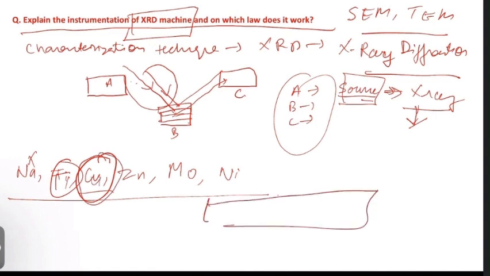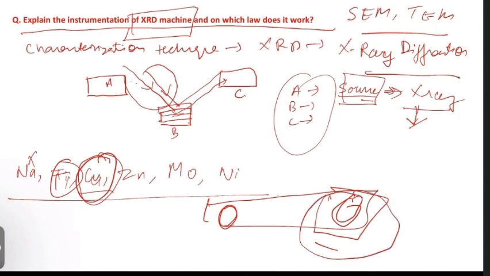Copper lies on the right side of the periodic table, somewhere here, and titanium lies over here. If copper is being used and you have a general idea of the periodic table, then the elements around it will have similar properties, right?